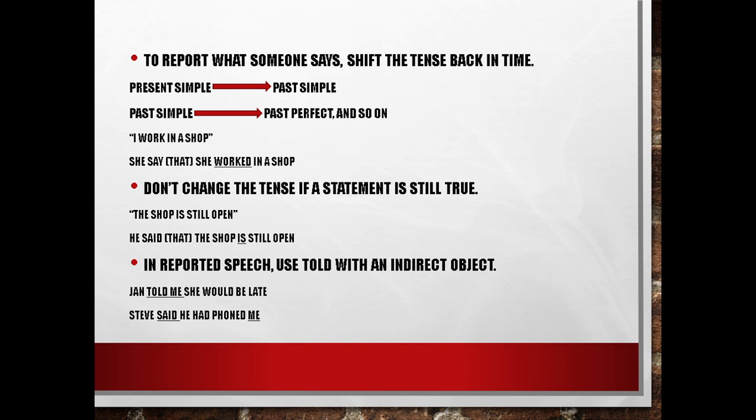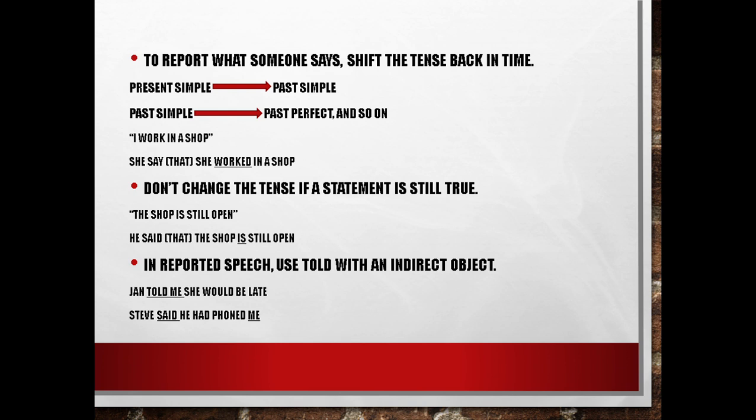The next rule is don't change the tense if a statement is still true. For example, the shop is still open. The report is he said that the shop is still open. In this case, the tense doesn't change.